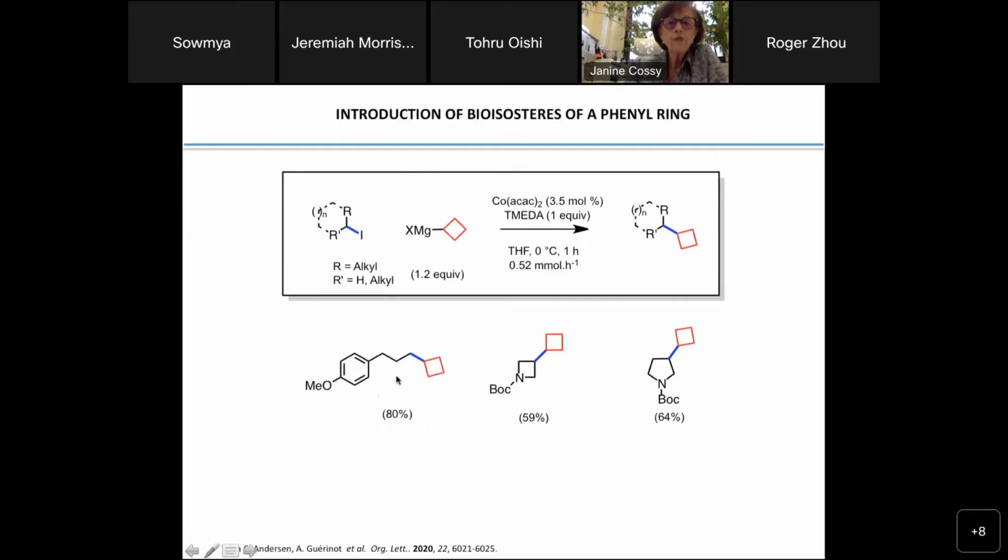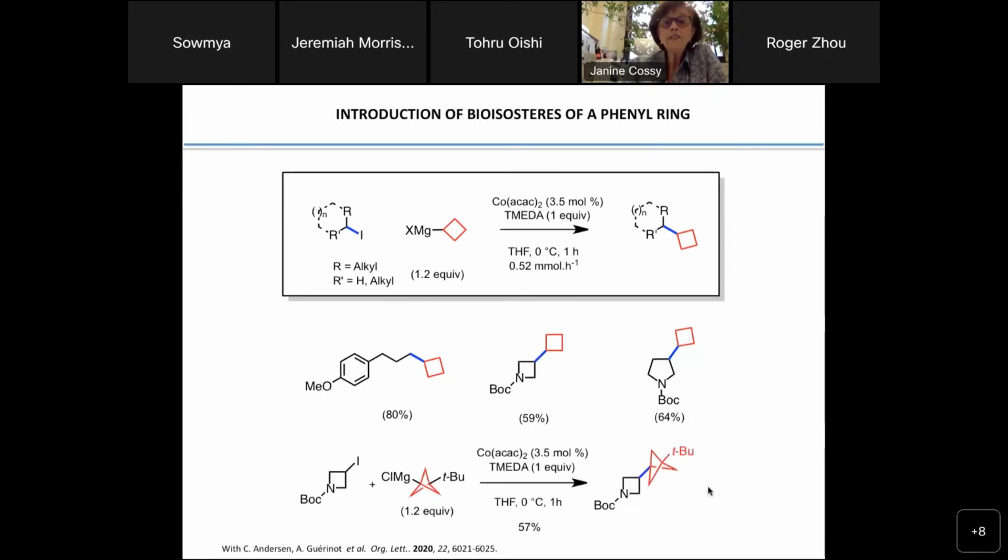Here also, you can introduce, for example, this alkyl side chain with a phenyl with a methoxy group. You can also introduce a cyclobutane onto this acetylene, and on the pyrrolidine, you can also introduce this cyclobutyl group. And here also, the yields are between 60 to 80%.